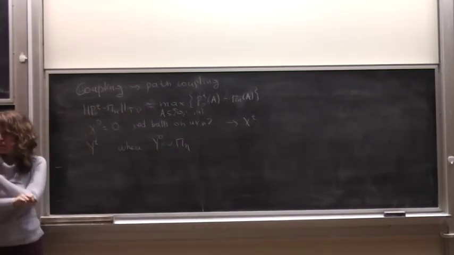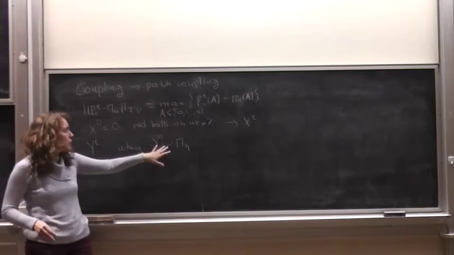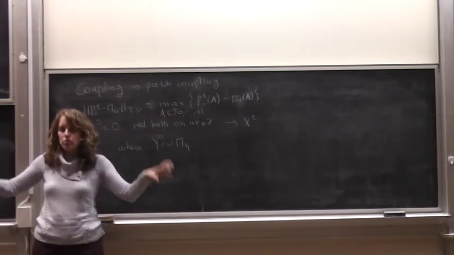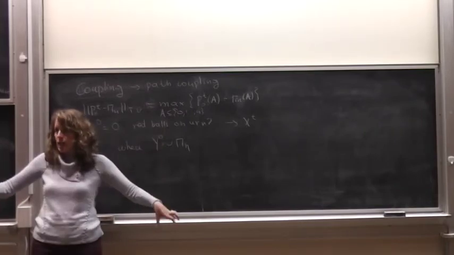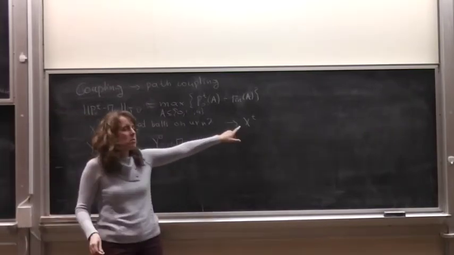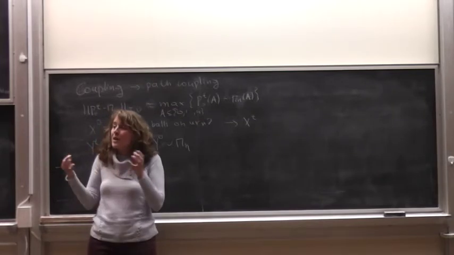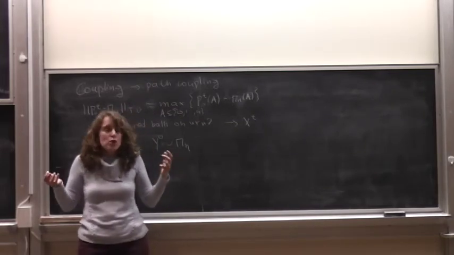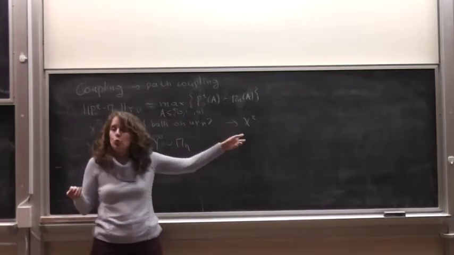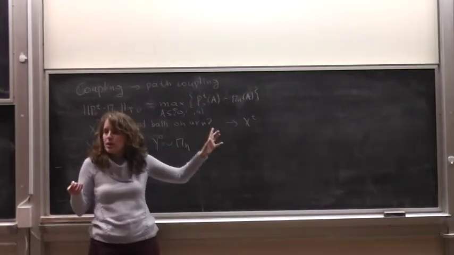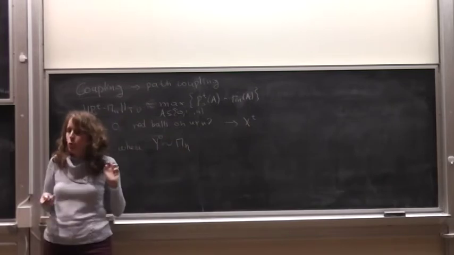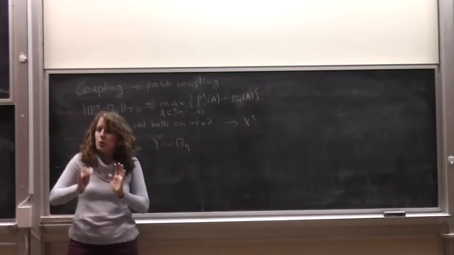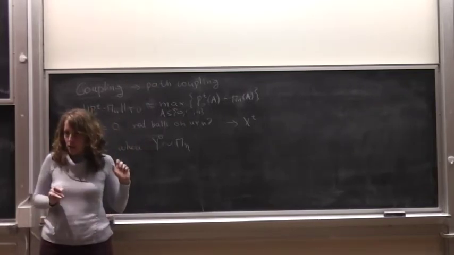But this is still an urn model. So still I can keep on picking k and switching them, picking k and switching them. And I'll be doing the same thing here, picking k and switching them. But I'll try to couple somehow these moves so that eventually these two will meet. I want eventually to have X_t to be equal to Y_t. And I claim that the first time that this happens will give me a bound to the total variation distance.